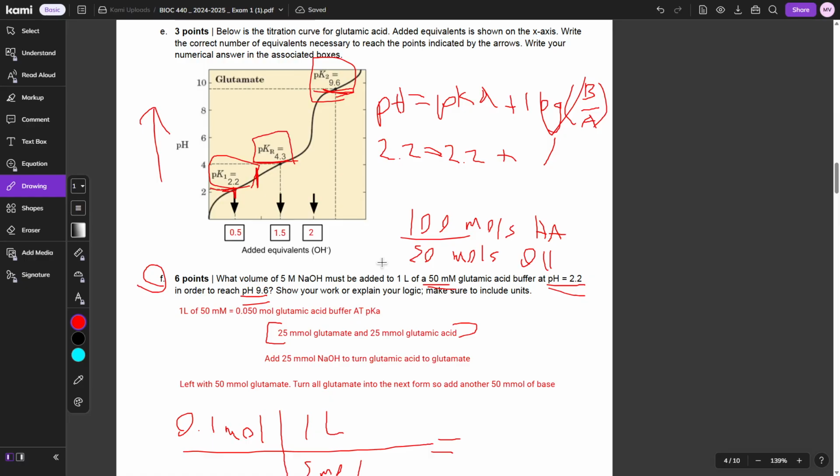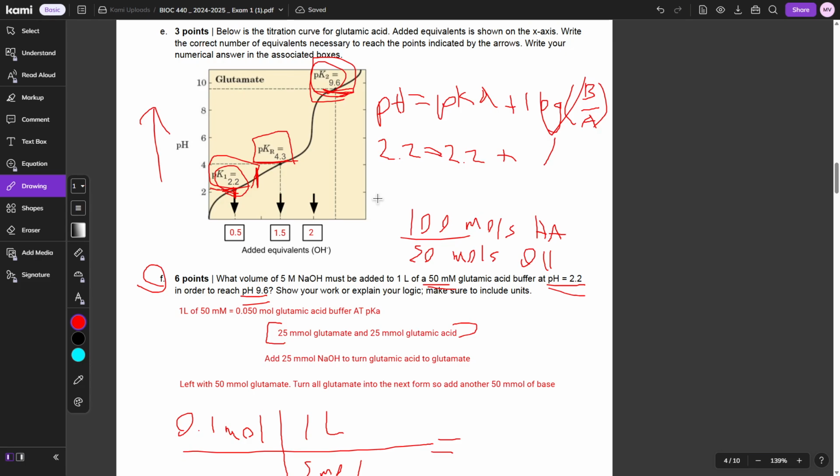And then from there, to go from one pKa to the other, just add an equivalent. So now we just add another 50 millimoles. So now the total we've added is 100 millimoles to get from one pKa to the other. We've gone all the way from the pKa down here to the pKa up here.